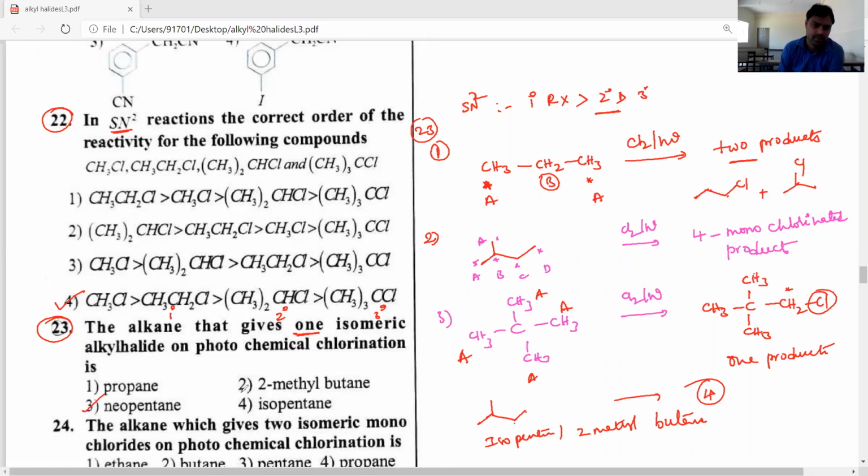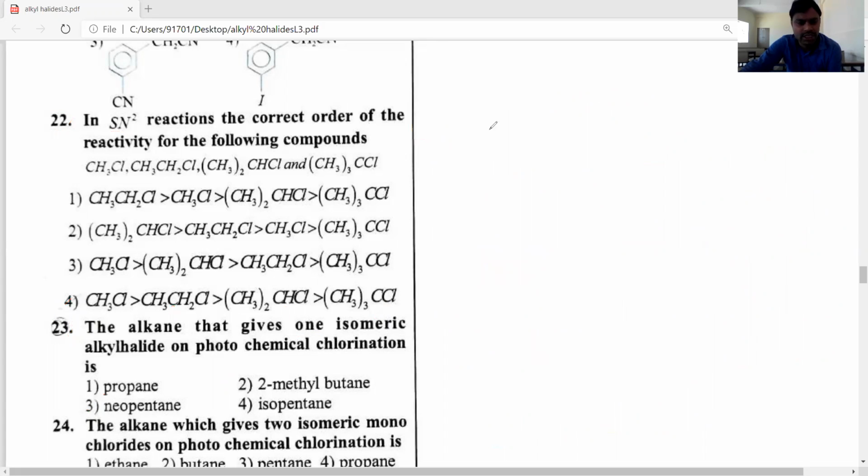Already the second option and fourth option: the second option is the IUPAC name, the fourth option is the common name. So the answer is the third one. Okay. So this kind of question is very, very important. In organic chemistry, the main important thing is observation: what is the given question, how to solve, and what is the proper answer. If you know that, we can solve this kind of question very, very easily. Okay. Let's go for the next question.